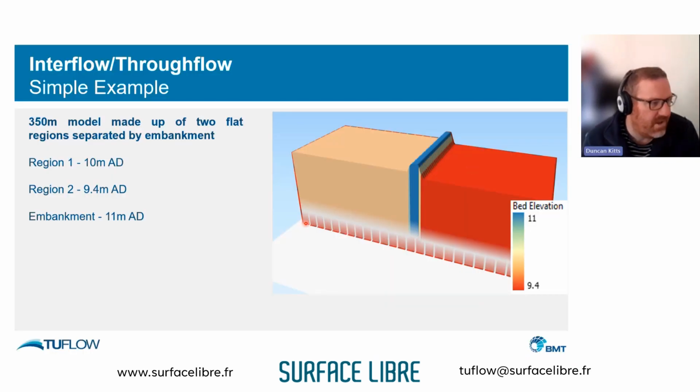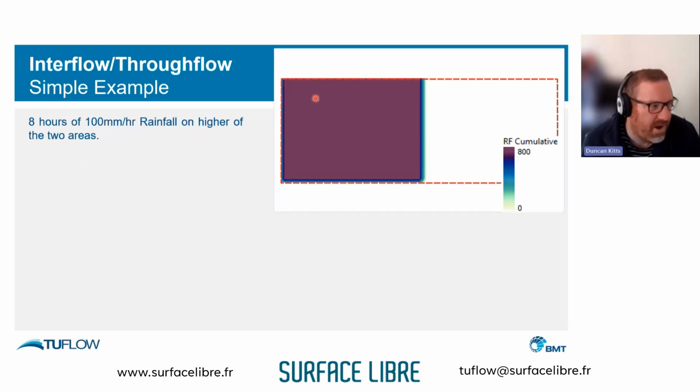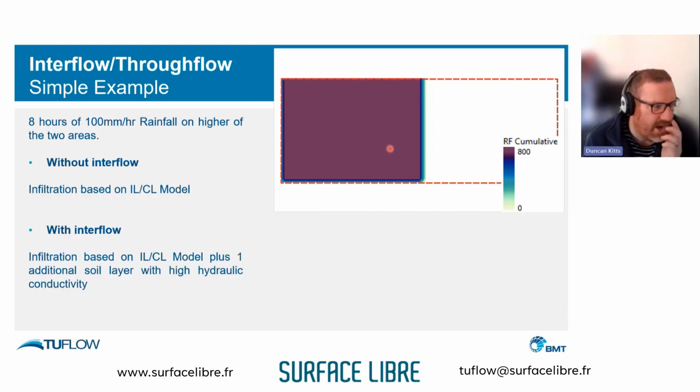Here's a quick, small example. This is essentially two buckets with an embankment in the middle, one at a higher elevation, one at a lower elevation, and the embankment is a meter higher. We've applied 800 millimeters of rainfall on the higher of the two areas, and we've run it with and without interflow.